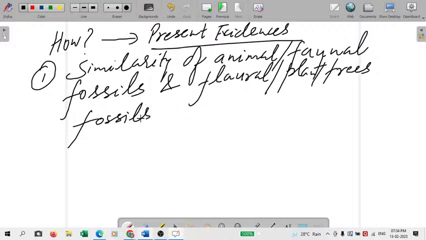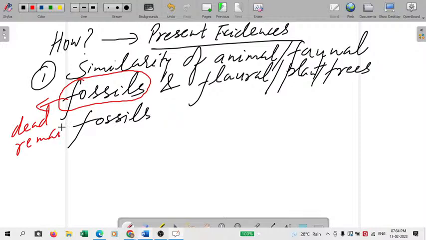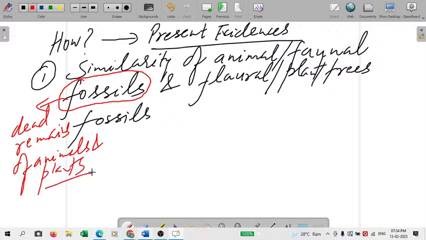The dead remains of animals and plants, right? The carcasses of animals and plants. So this was the first evidence given by Wegener. Dead remains, fossils.